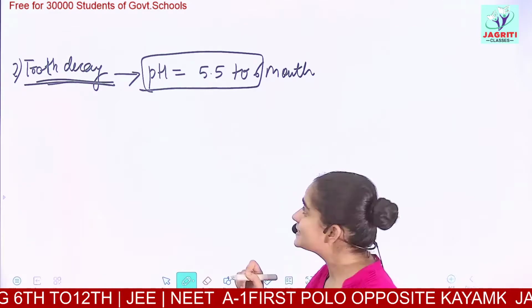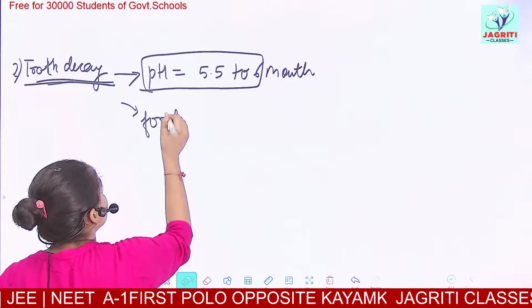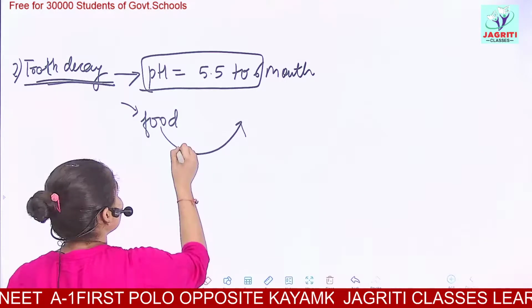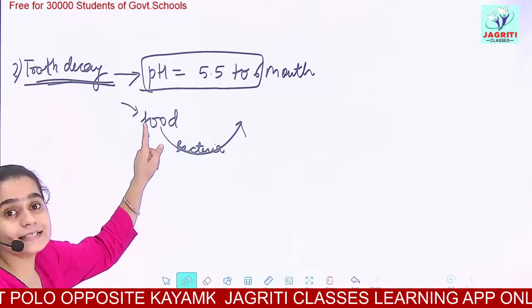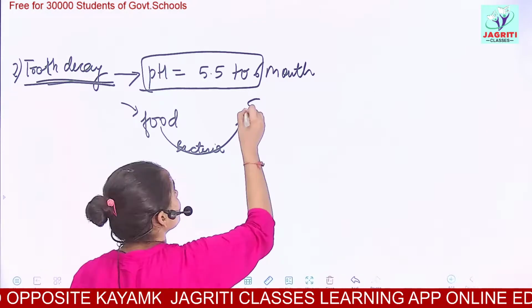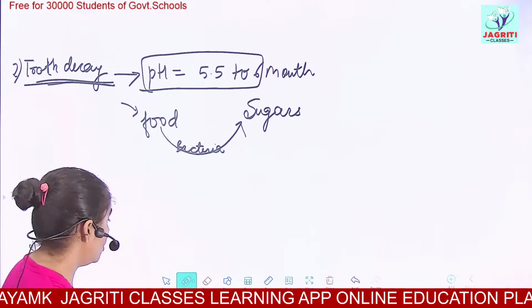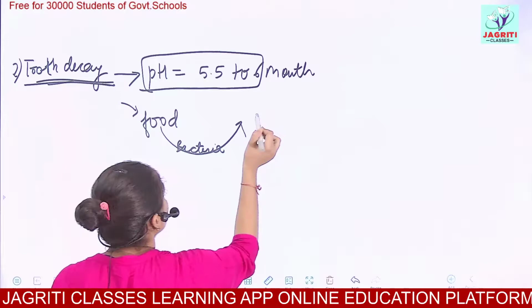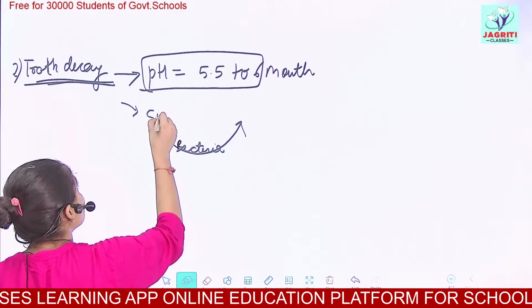Every food we eat, certain bacteria act upon it, and these bacteria convert this food into sugars. Or we can say the food that we eat actually contains sugar.